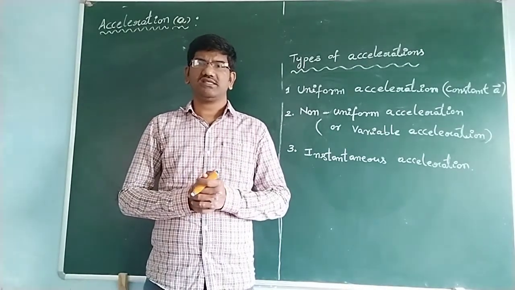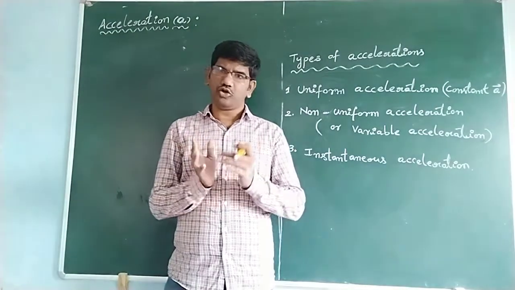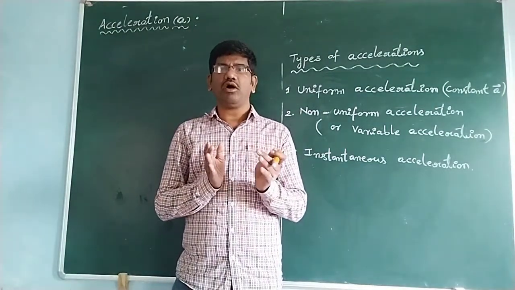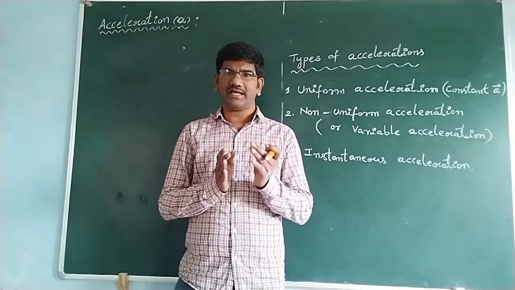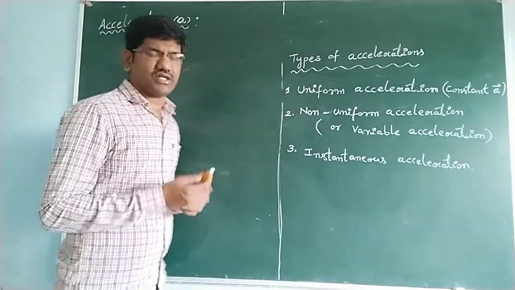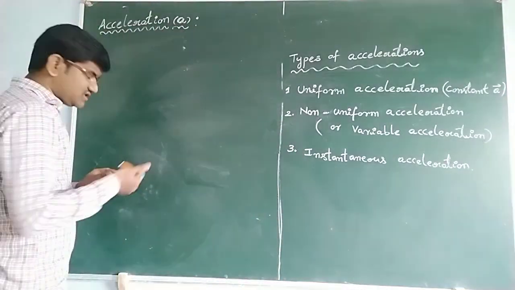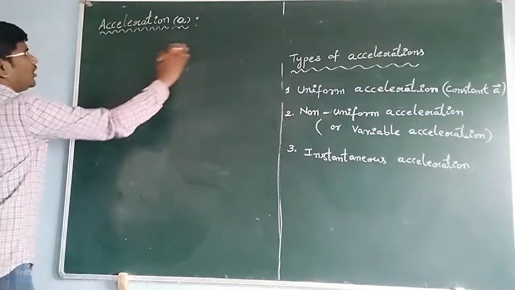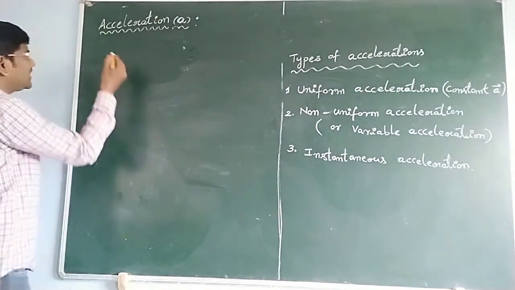So change in velocity can occur with both magnitude and direction, or only magnitude, or only direction. So for that we are seeing change in velocity cases. How can change in velocity occur?